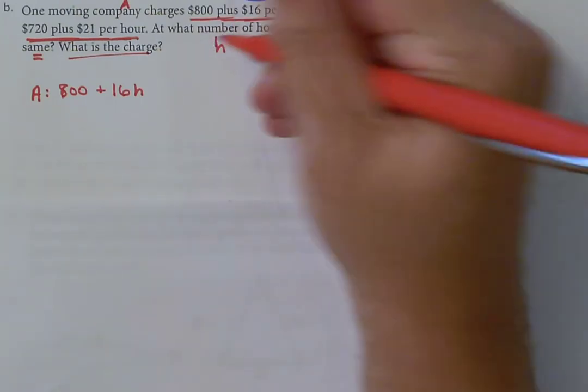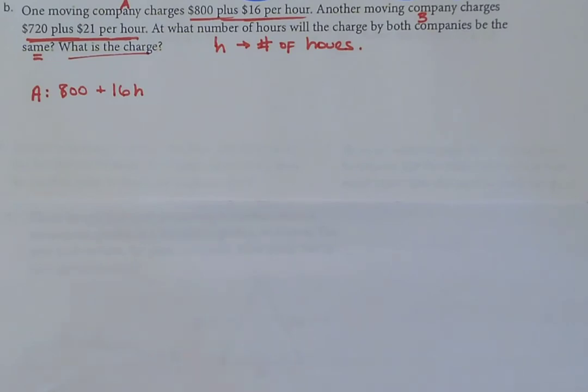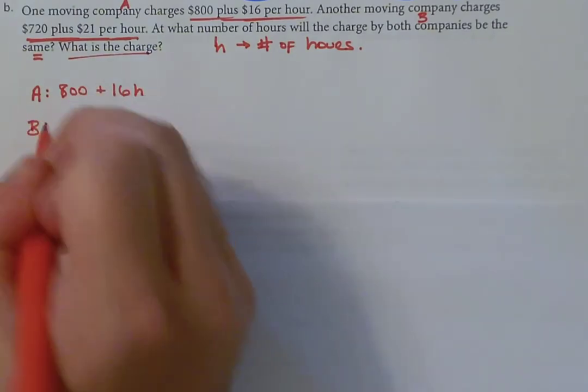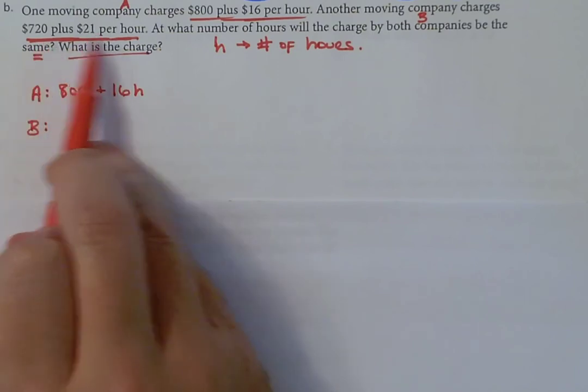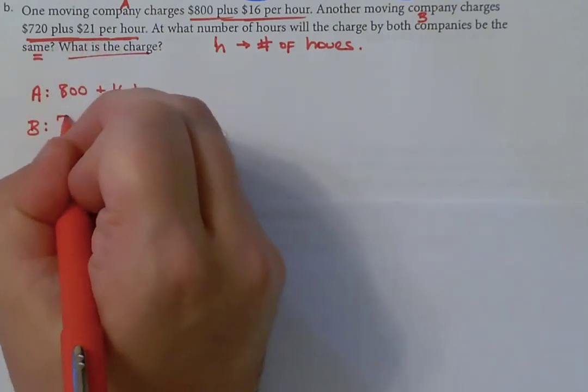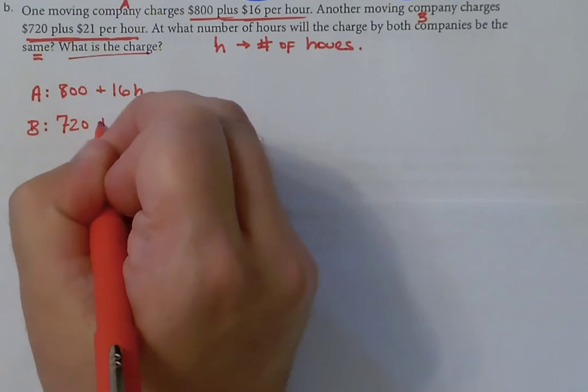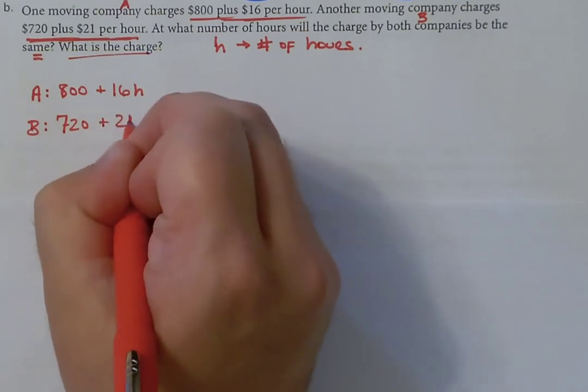All right, and then for company B, we're told 720 plus 21 per hour. So it's going to be 720 plus 21H.